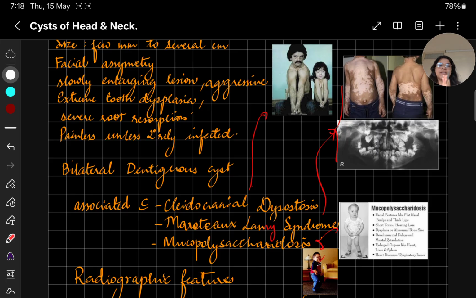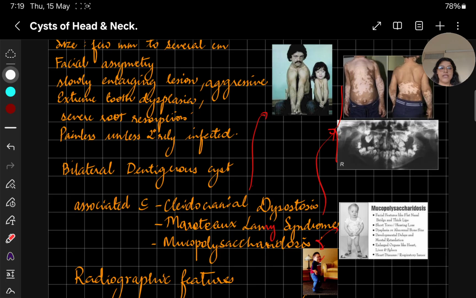Facial asymmetry could be seen because of the cortical plate expansion. It is a slowly enlarging lesion, it is aggressive, and causes tooth dysplasia. Even the root gets resorbed. It is painless unless it is secondarily infected.